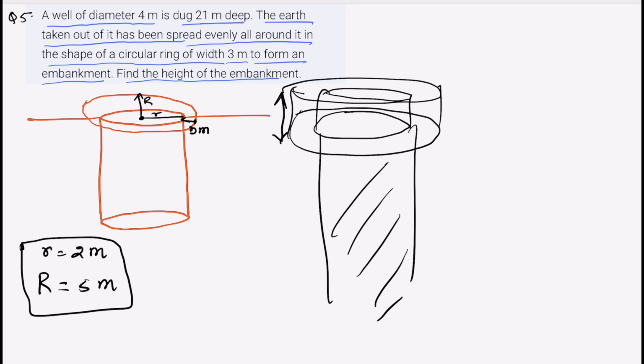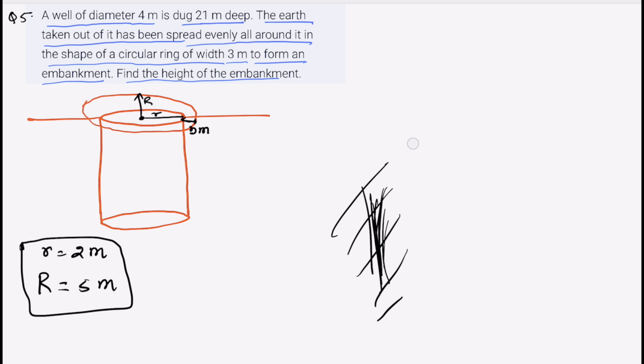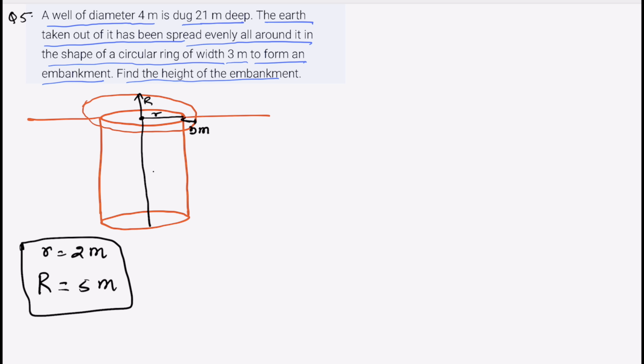Because the volume of the earth taken out and deposited around it will be equal, we will be equating those two volumes. And we are also given that the height of this well is 21 meters.